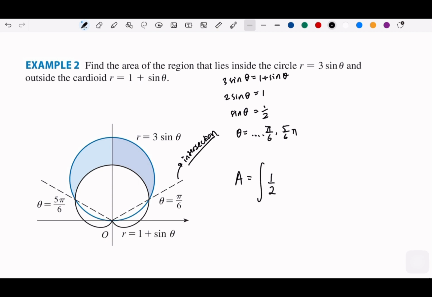You see, perfectly this here, from here. So let's write that as the first one. So half of 3 sine theta squared d theta.